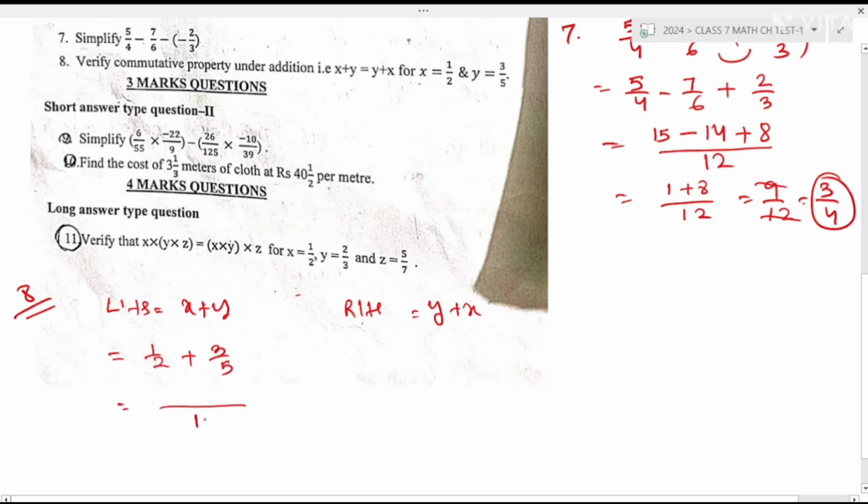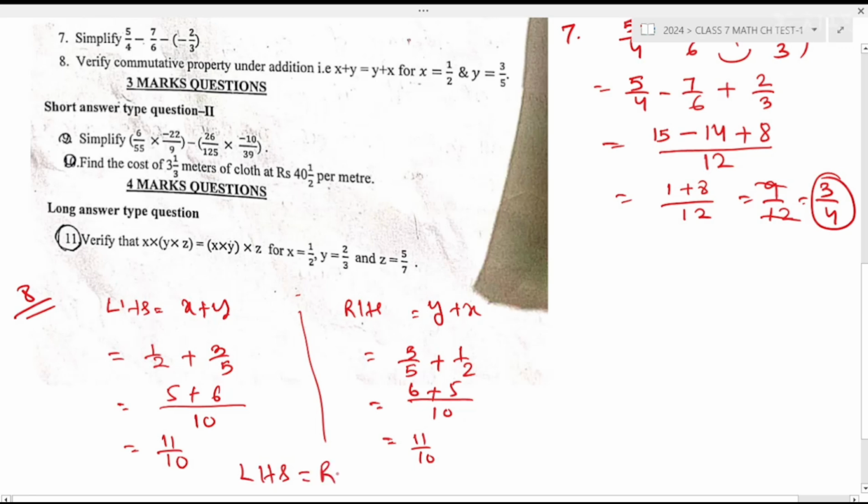Take LCM 10: 2 fives are 10, 2 threes are 6, 5 plus 6 is 11 by 10. Similarly RHS: 3 by 5 plus 1 by 2. Take LCM 10: 5 twos are 10, 2 threes are 6, 5 ones are 5, that is 11 by 10. So we can say that LHS is equal to RHS. Okay, proved.